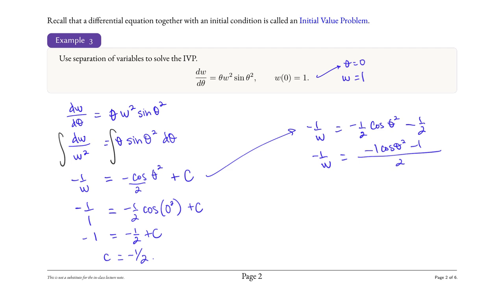We can get rid of the negative to get 1 over w equals 1/2 cosine of theta squared plus 1/2, that is, cosine of theta squared plus 1 over 2. And then we flip both fractions to get w equals 2 over 1 plus cosine of theta squared. And this is the particular solution to this IVP problem.